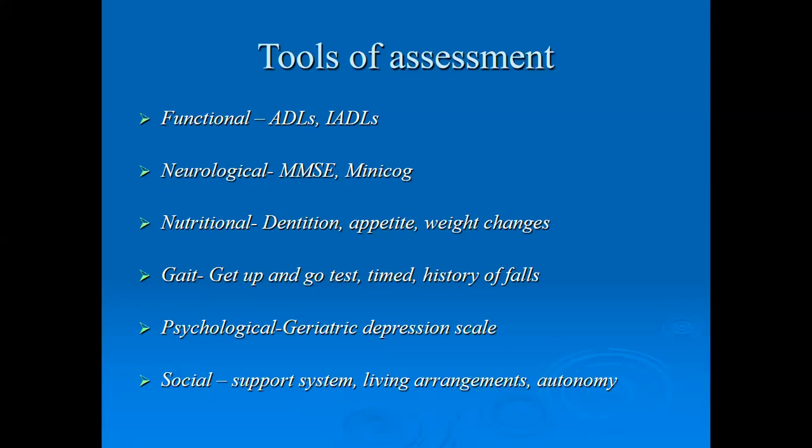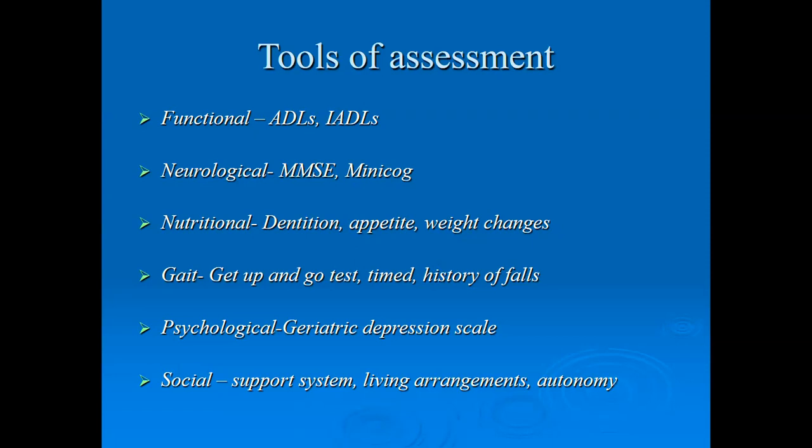The other thing is the psychological component, the Geriatric Depression Scale. You would like to assess those patients with depression, and also assess the support system, living arrangements and autonomy of the patient. So you need to know about geriatrics. You see here, we did not discuss the examinations we do in a normal assessment, like cardiovascular.